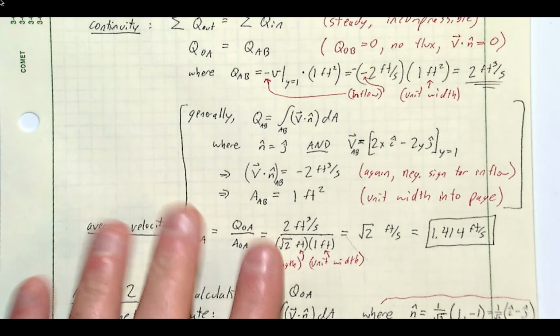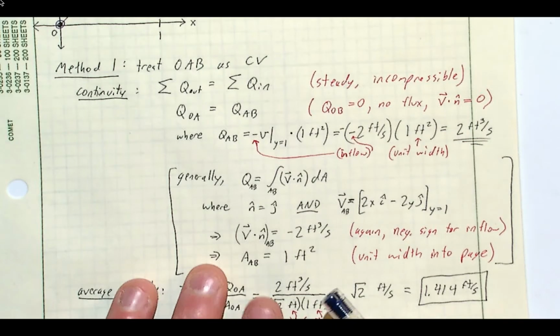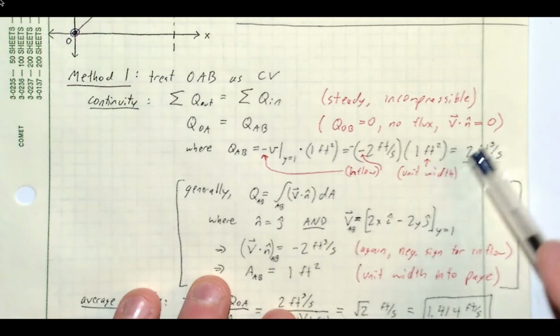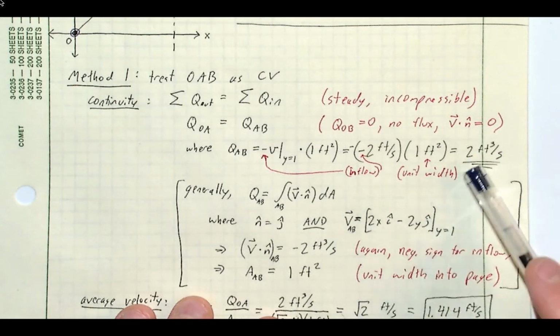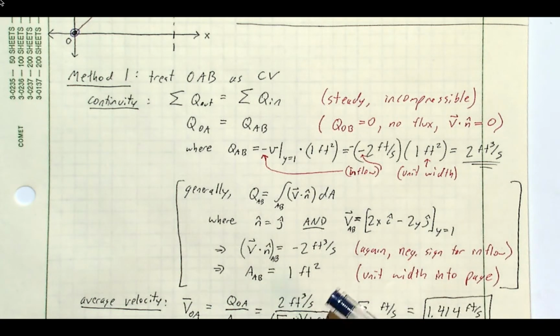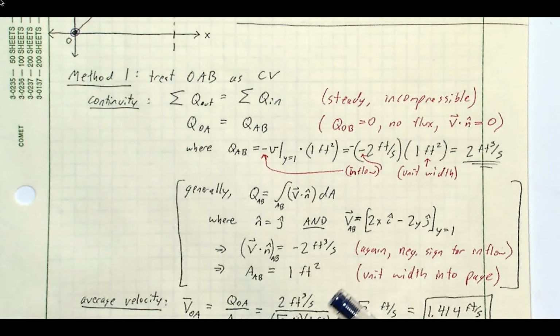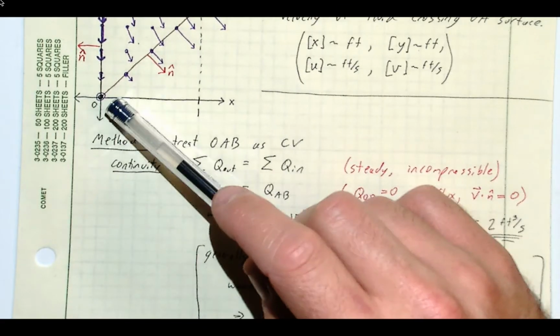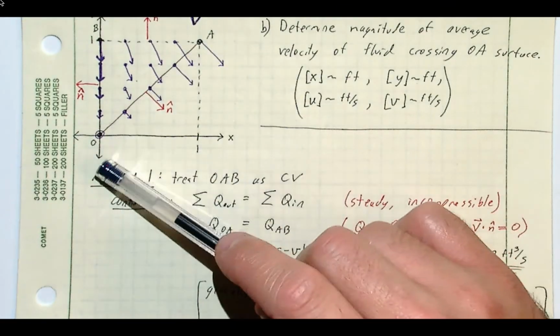Now we have to be careful here. Our volumetric flow is 2 feet cubed per second. We found that 2 from the general way and then the specific way due to the specifics of this flow. But our area for the OA plane is not just 1 foot squared.